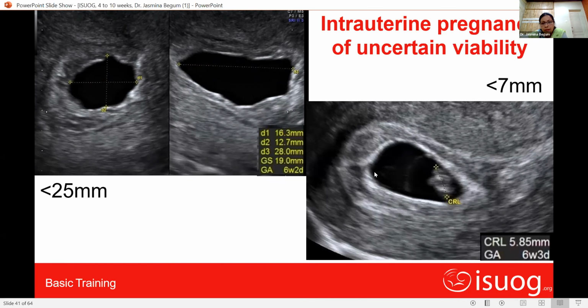So this is the CRL. Here CRL is 5.85 millimeter. That means the embryo is there, and it is 5.85 millimeter. It is a 6 weeks, 3 days pregnancy, but cardiac activity was not evident here. At present, these are signs suggestive of miscarriage.